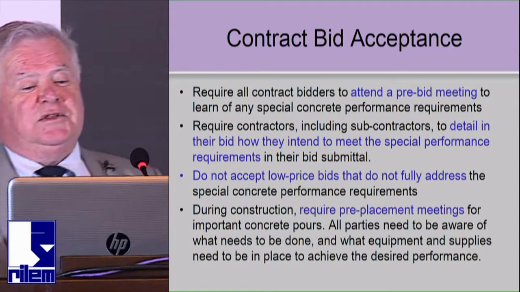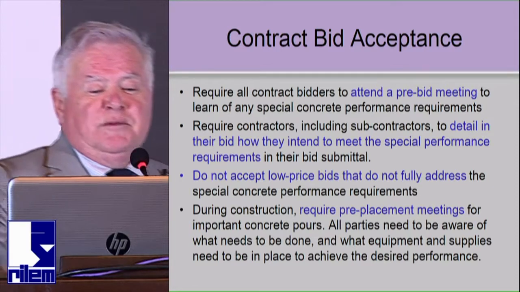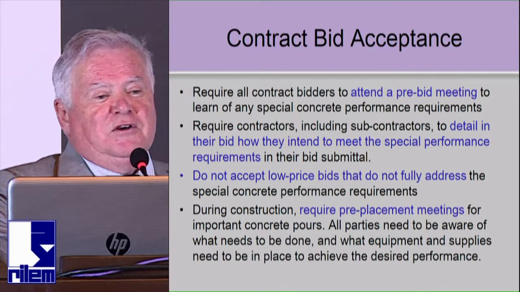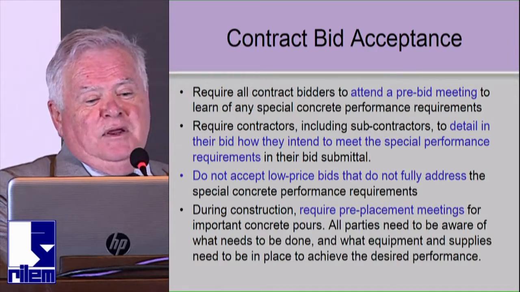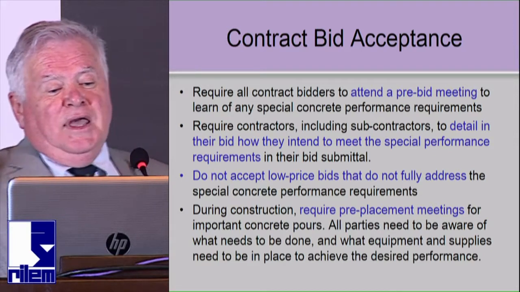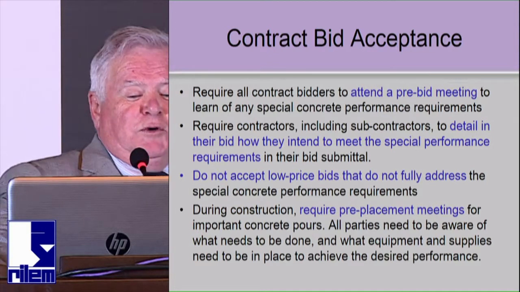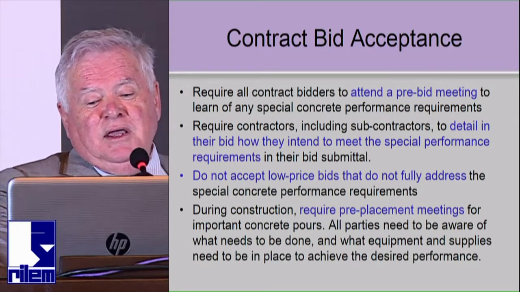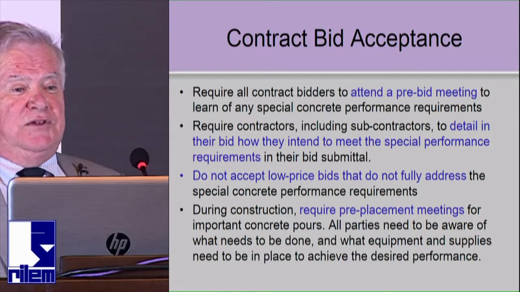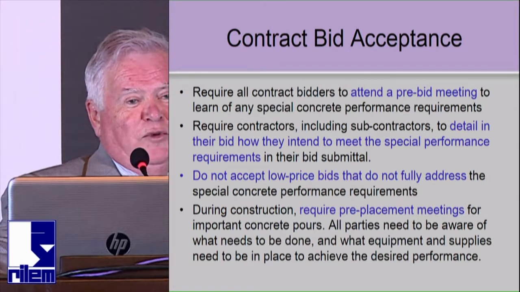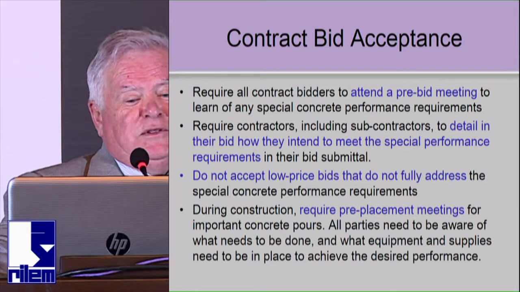So one of the requirements is to require all bidders to attend a pre-bid meeting where they're told what these special requirements are, so they have to put that into their bid tender. And it includes their subcontractors. They have to detail in their bid how to meet those requirements in their submittals. And the owner, and the owner's designer, has to have the strength to say, look, we're not going to accept a low price bid if it doesn't address these requirements.